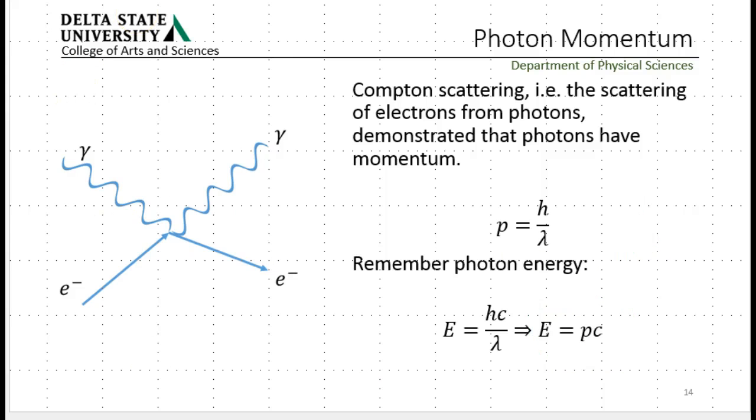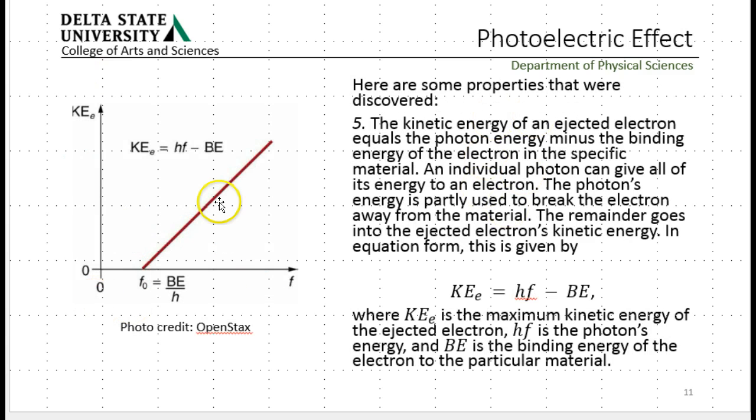Then all of this ties back to the photoelectric effect and individual photons, right? We have to remember, before the photoelectric effect was really understood, we didn't know about photons.